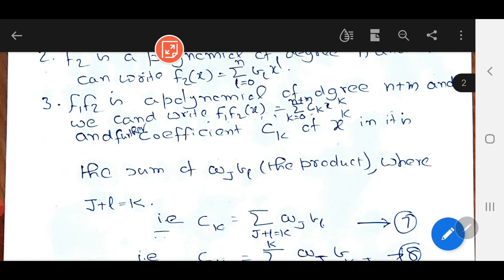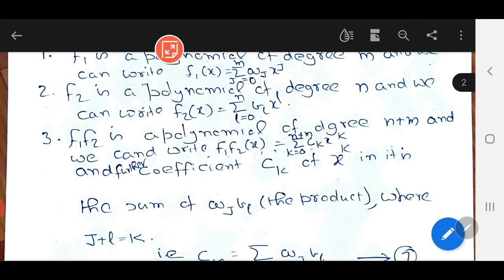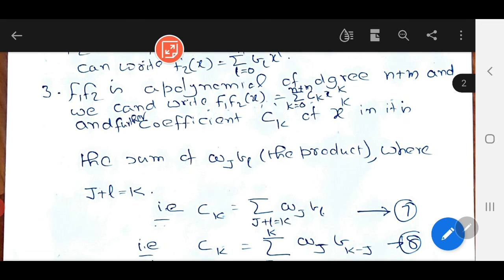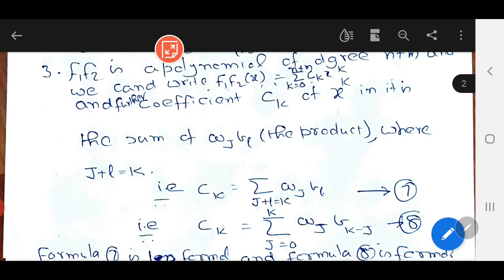Remember, j we are using for f1 and l we are using for f2. Now what we are doing is collecting, once I fix k, what are the values that k can take from 0 to n plus m? Because f1 f2 is a polynomial of degree n plus m. So if you fix k, how can this sum of products be viewed?